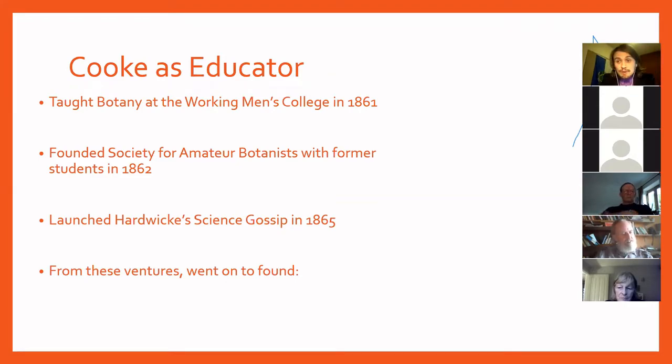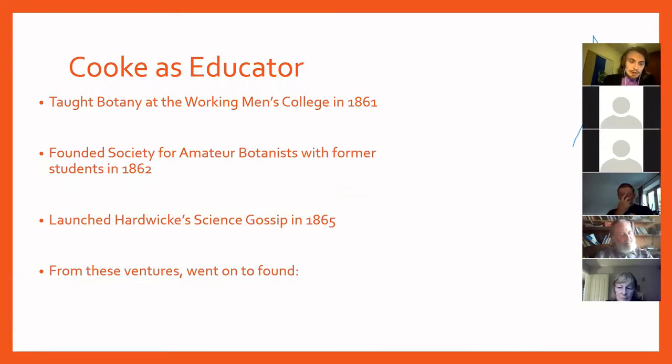He leaves quite soon afterwards, and it's unsure why he left. We might speculate that it was something to do with his private life. We might speculate that it was something else, but he leaves. And he keeps in touch with his former students. He forms a society for amateur botanists, which is, again, a very radical society.